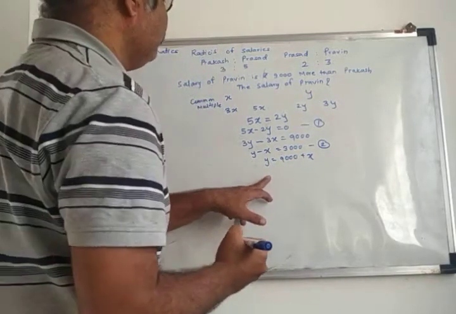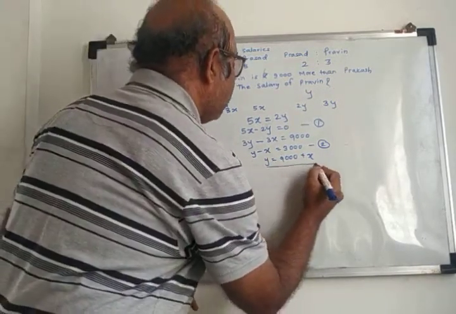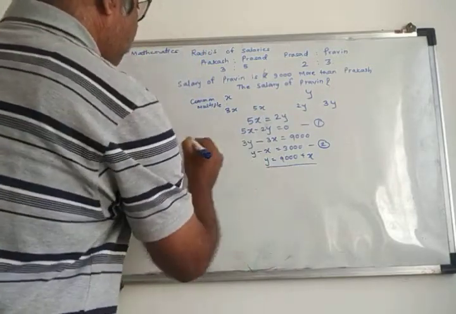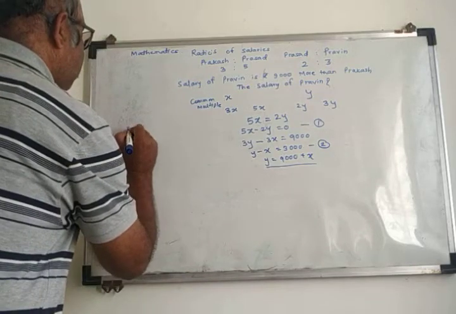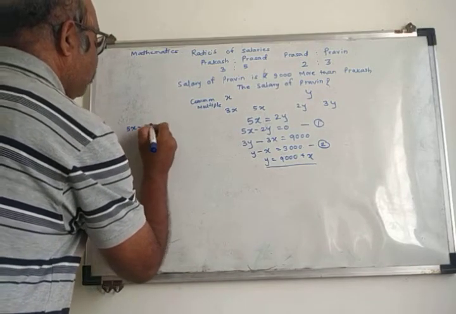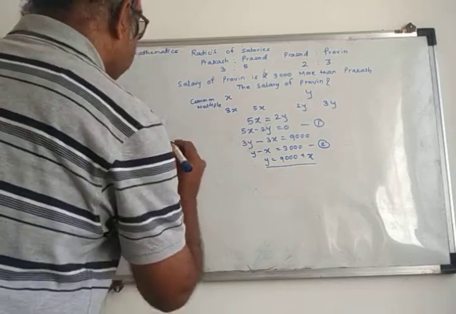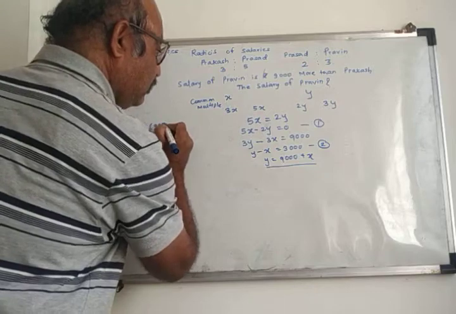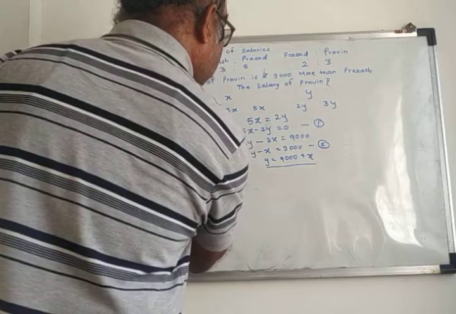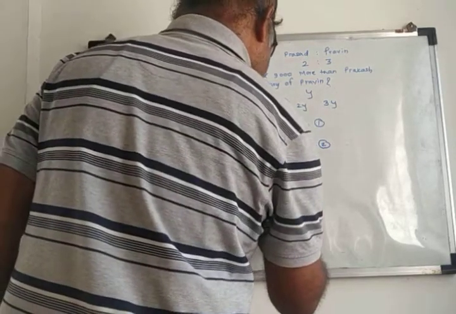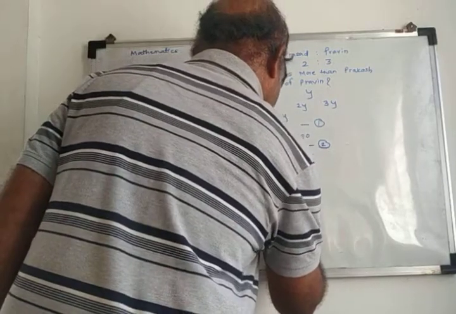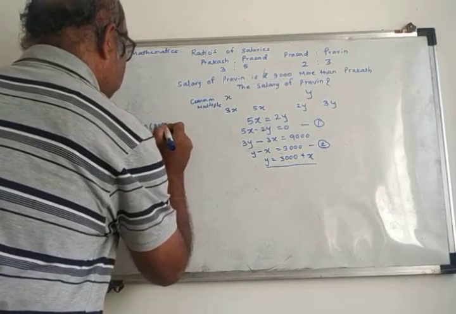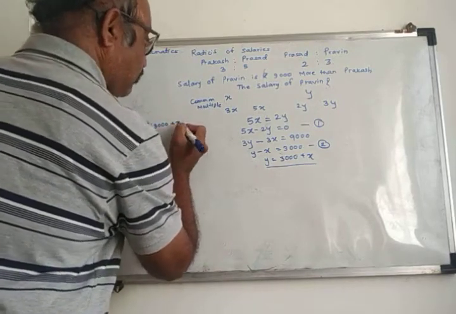Just make a correction: here y is 3,000 plus x. We put this value of y in equation 1.